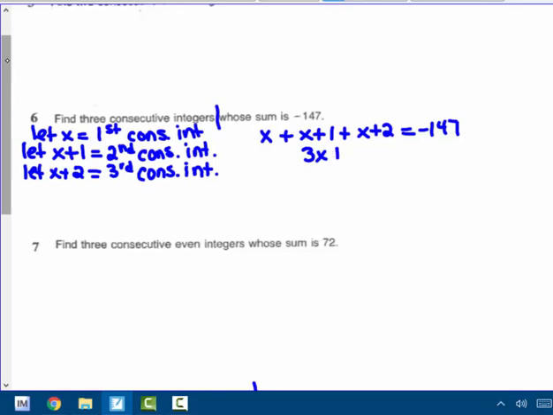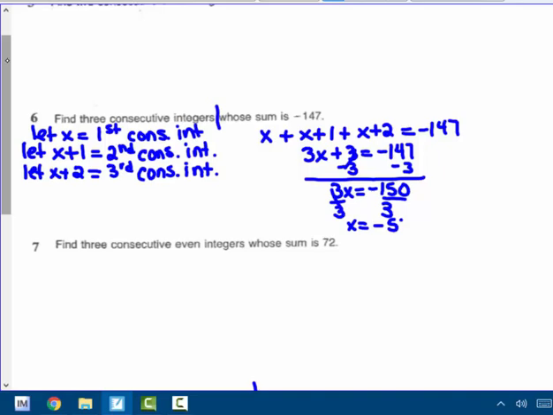So 3x plus 3 has to equal negative 147. Subtracting 3, same signs, add and keep. I'm going to get 3x equals negative 150. When I divide by 3, I get x equals negative 50.